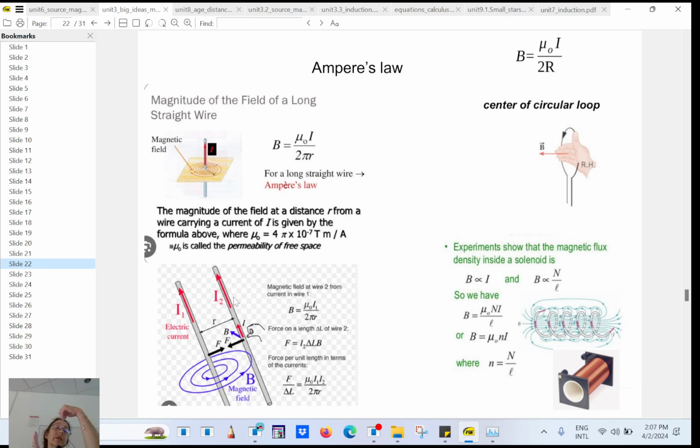If the current is going in opposite directions, they're going to repel each other. Okay, so that will be the equation at the center of the loop. And that will be the equation if you have a straight wire, at a distance r from the wire, for the magnetic field. The magnetic field likes to curve.